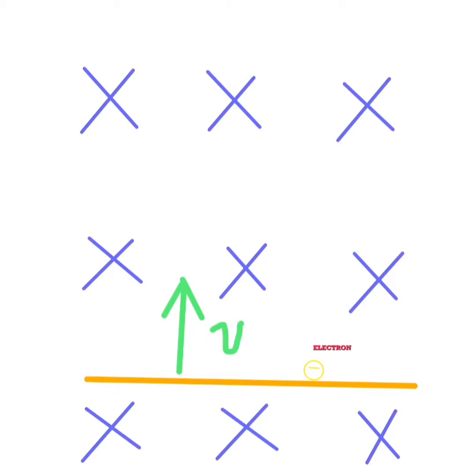Actually, no. Remember, the right-hand rule speaks to the direction of the force on a positively charged particle. A negatively charged particle, like our electron, will feel a force in the exact opposite direction. So we can depict that force like this.